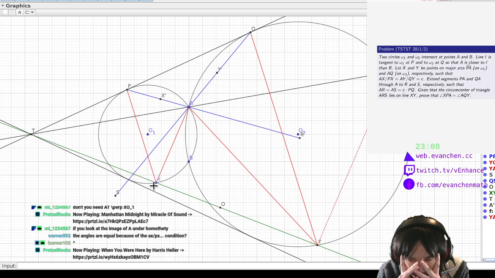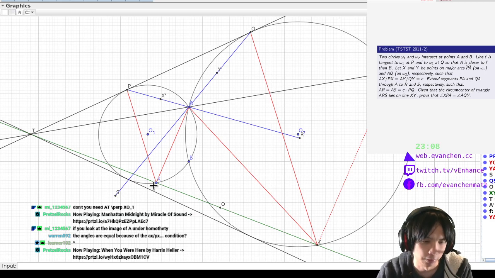XPA maps to QA prime Y is the hope. If X maps to Y, then it does. And then PX is QA prime Y, and then YA is equal to YA prime, and so you'll get two angles are congruent. So AQY equals A prime QY equals APX. Okay, got it. I understand.